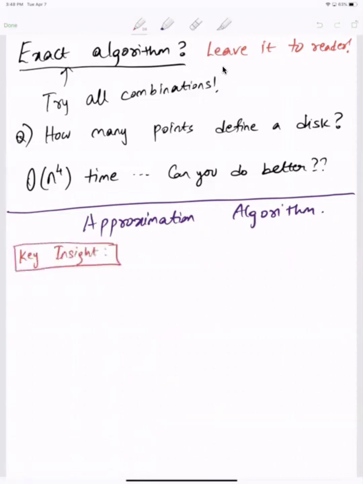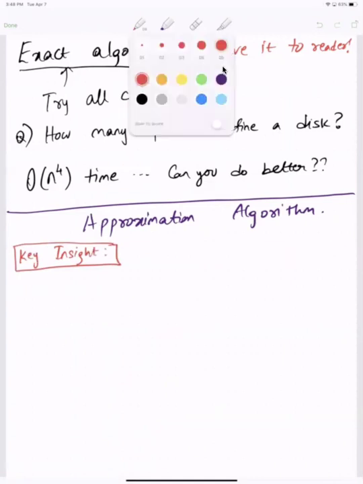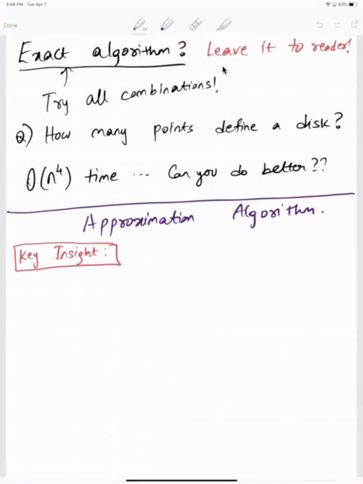This is the key insight behind the approximation algorithm that will be devised. Once you see it, it looks very simple, but the key breakthrough was in actually coming up with this insight in the first place.